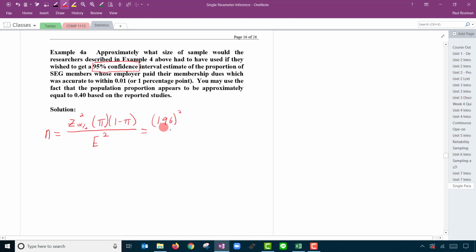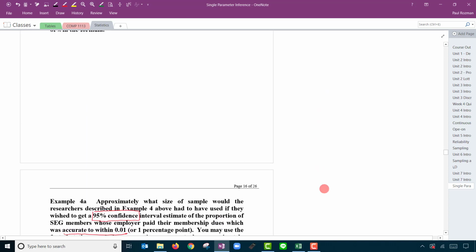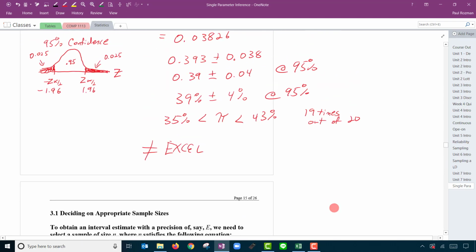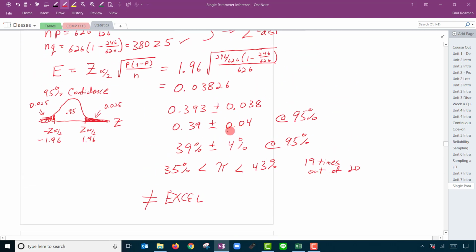And now, let's see, what degree of error do we want? It says, suppose you want to estimate the proportion of members whose employer pays their membership dues, and we want to be within 0.01 or within 1%. In the previous example, when we did it, our error was 4% or 3.8%.